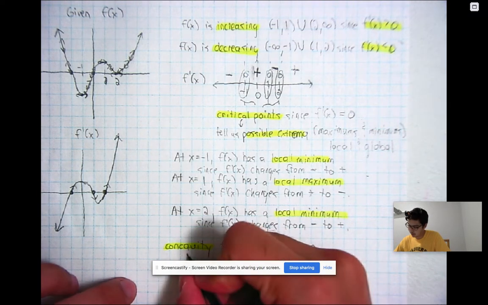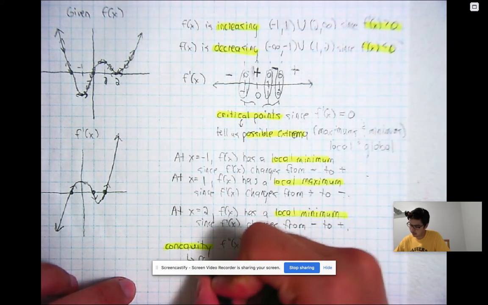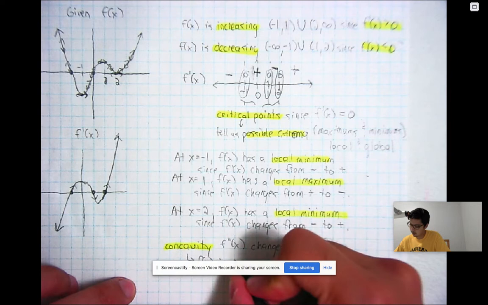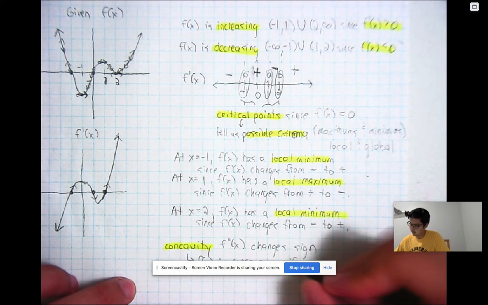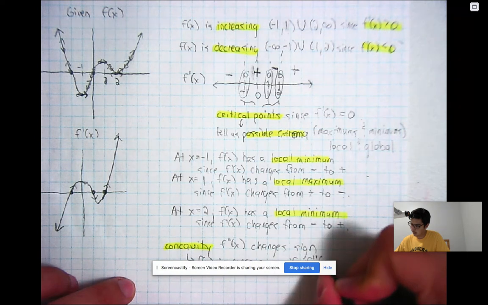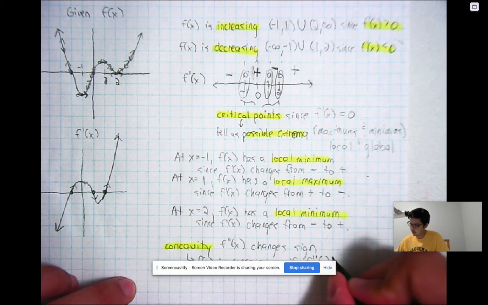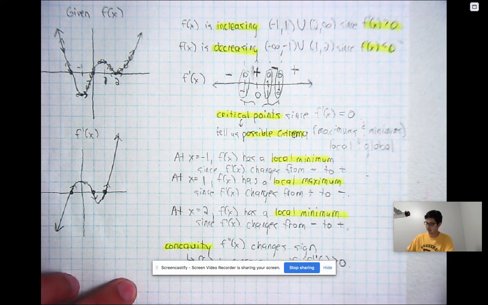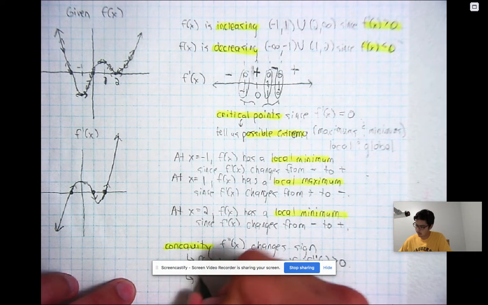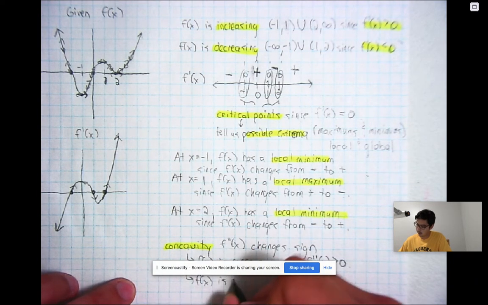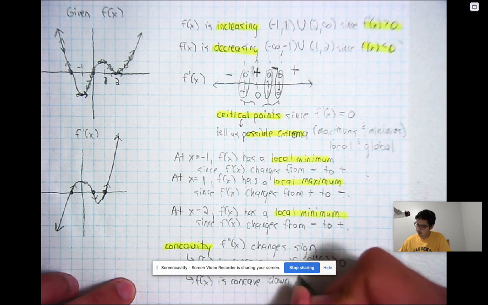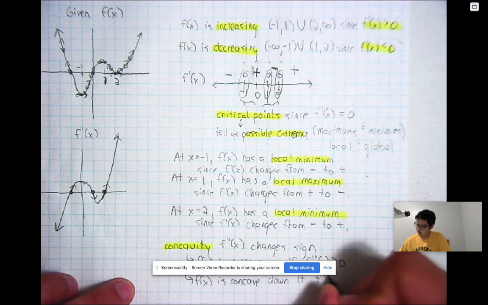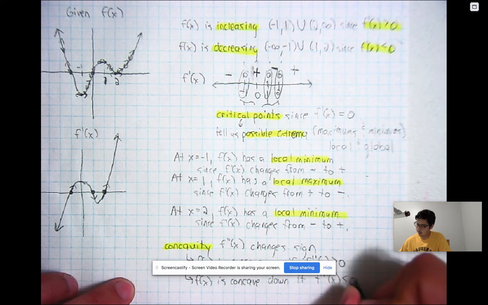A function f of x is concave up if f double prime of x is positive, and f of x is concave down if f double prime of x is negative.